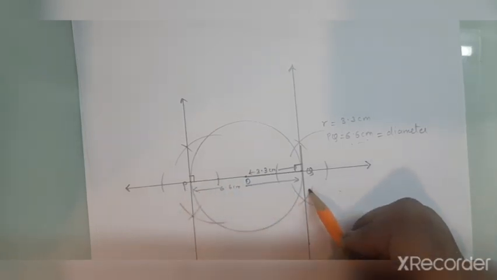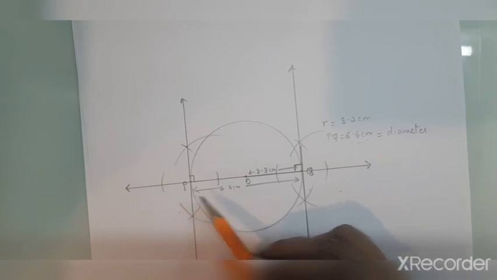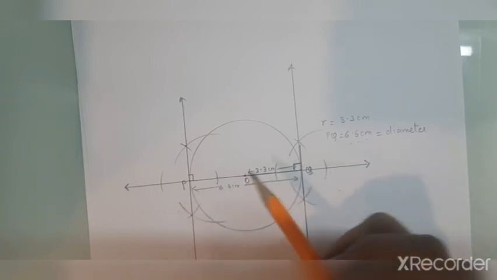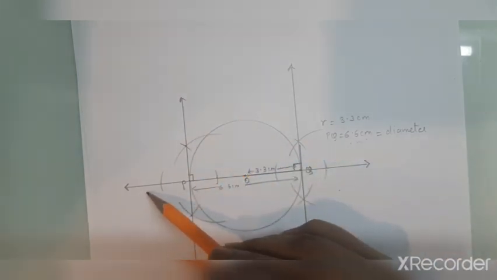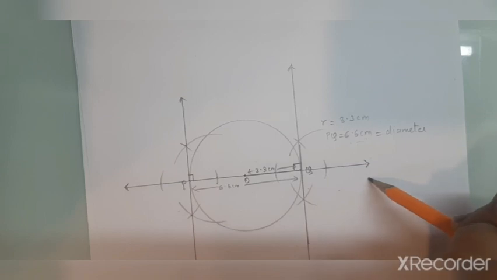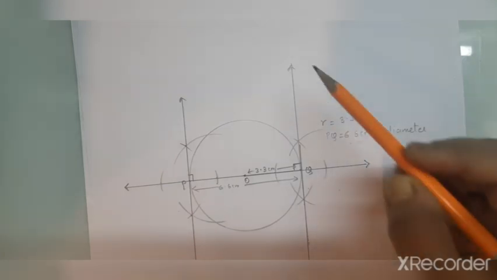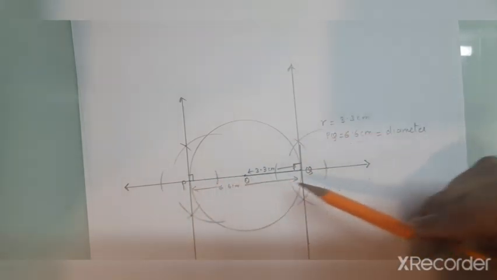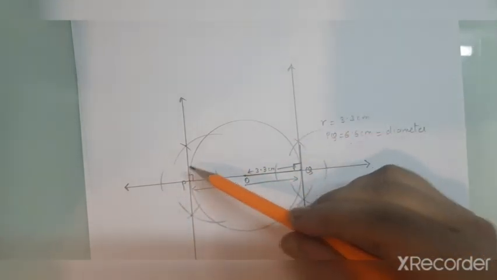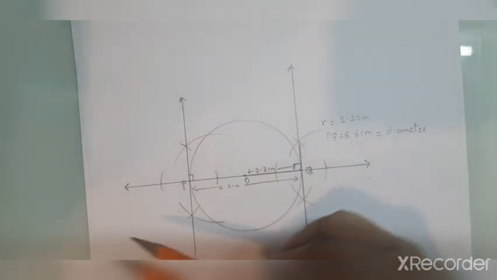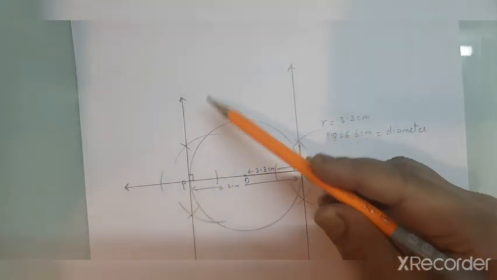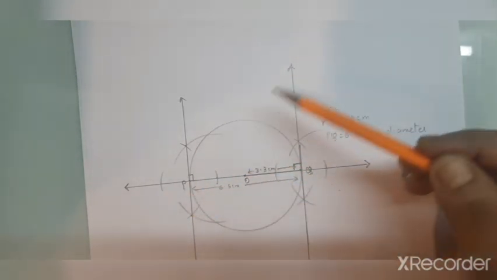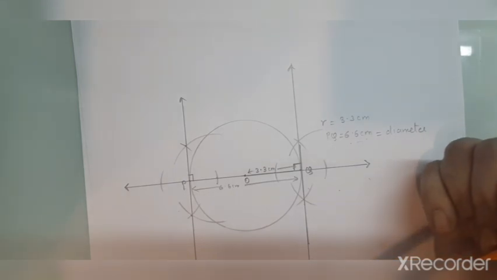Point P and point Q lie on the diameter. So P dash O dash Q. And this is the tangent which is perpendicular to line PQ. And again this is also a tangent which is perpendicular to line PQ. Both the tangents are perpendicular to the same line. Therefore, they are parallel to each other.